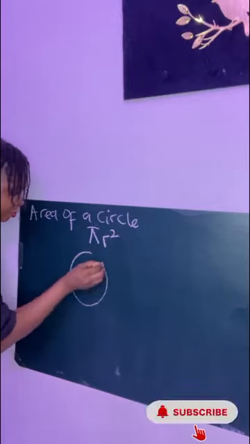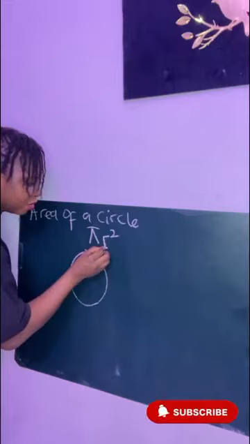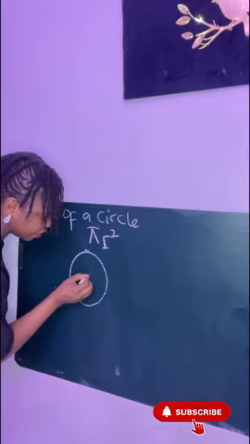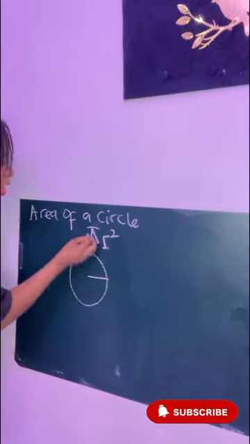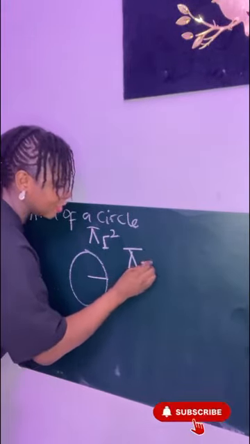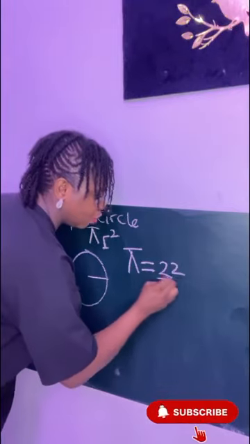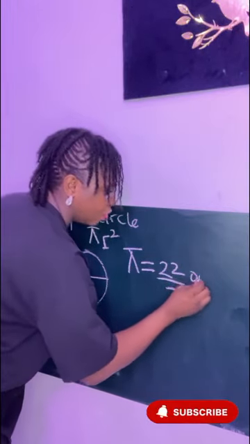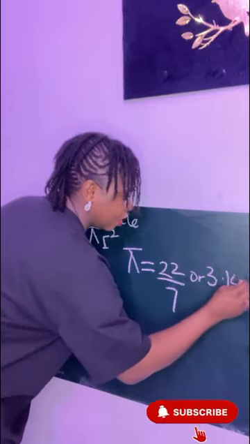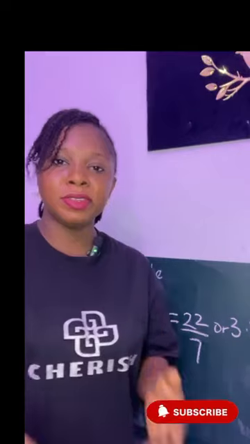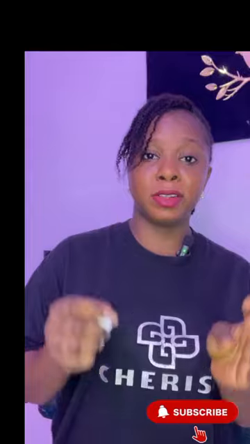This is your circle. Remember, r is radius. And remember, the value of pi is 22 over 7 or 3.142. Also know that there's something called Pythagoras theorem.